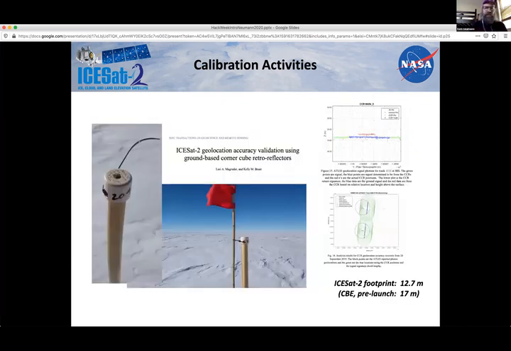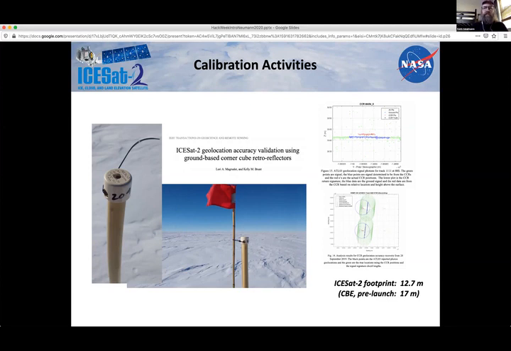The other thing we've done is leave out corner cube retroreflectors. These are little pieces of glass about the size of the tip of your finger that reflect the incoming laser light. They're optimized to reflect light at that 532 nanometer part of the wavelength. And it turns out that you can detect these in the space-based data. Over on the upper right-hand is a figure of photon data from ATL03 over one of these corner cubes. What you see in green and then blue and then green is the ground return.